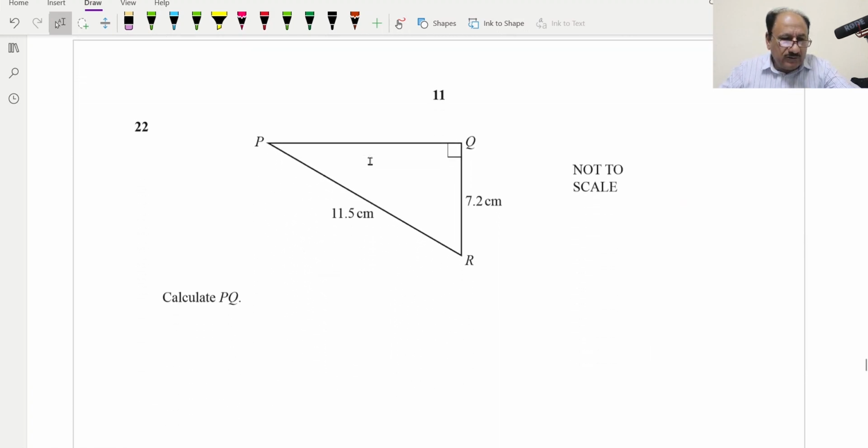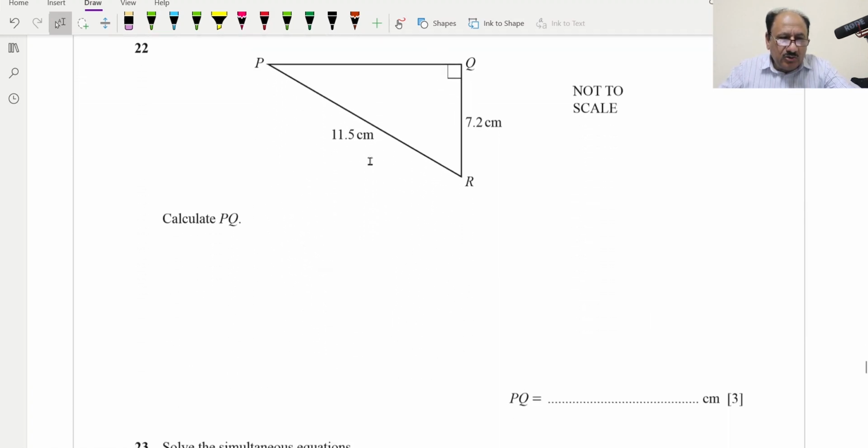Hopefully you understood this. Now question number 22, a diagram is provided which is again not to scale. We can't measure anything. So 7.2 is this side, 11.5 centimeters is this side, and we have to calculate PQ. PQ is basically this side. Now we can apply Pythagoras theorem. Pythagoras theorem is what?